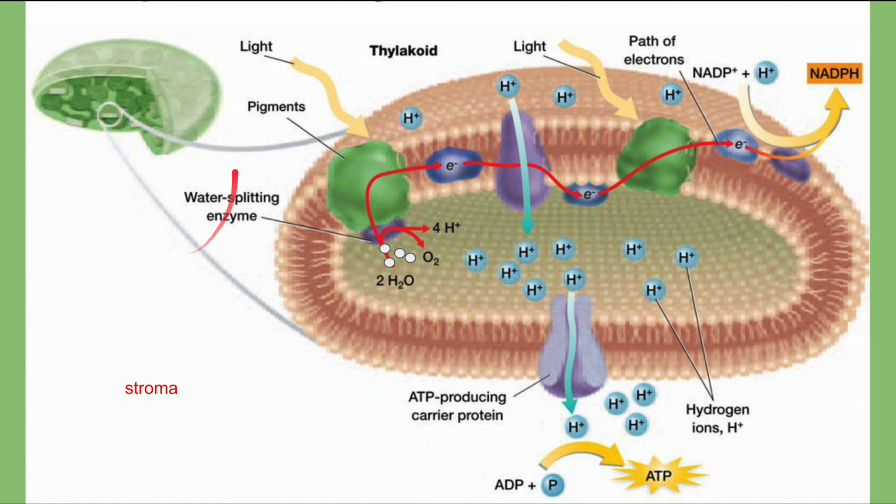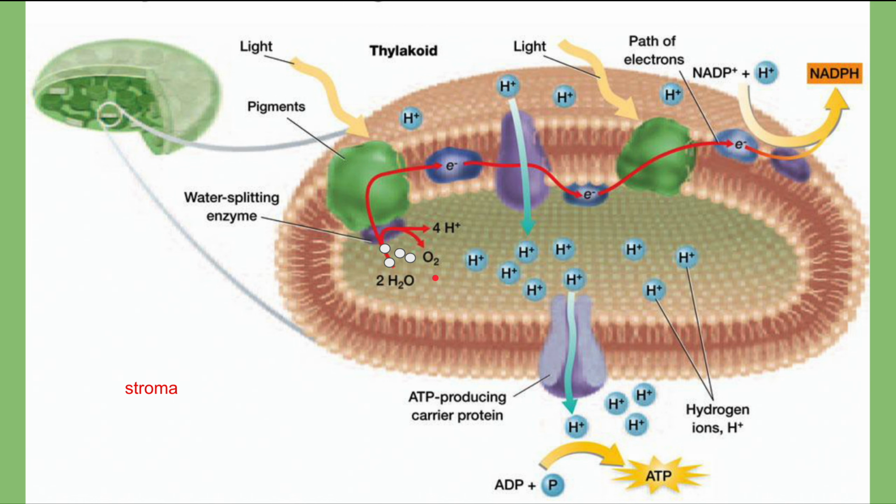We have our water splitting enzyme. Just to mention, this is our thylakoid membrane, because we're in a thylakoid. We have our water splitting enzyme right here next to the pigment. It takes the water in here and splits it apart to make these products: the 4 electrons, the oxygen gas, and the 4 hydrogen ions.